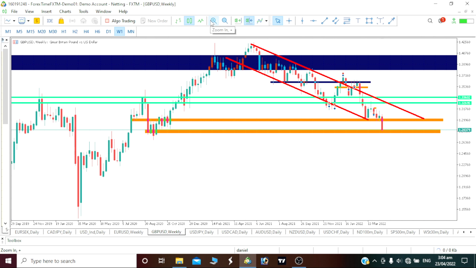As we can see on our weekly time frame, we're actually going down. Price has reacted to this area here. That's why I said we will be seeing a pullback up, then our continual push down on our Pound USD. Exactly what we are aiming for.